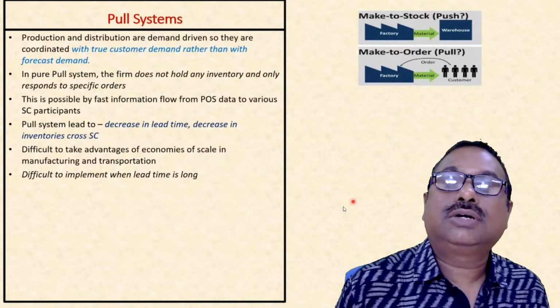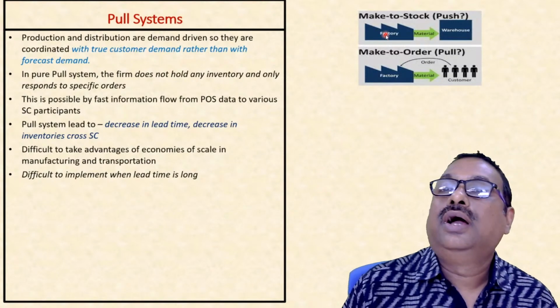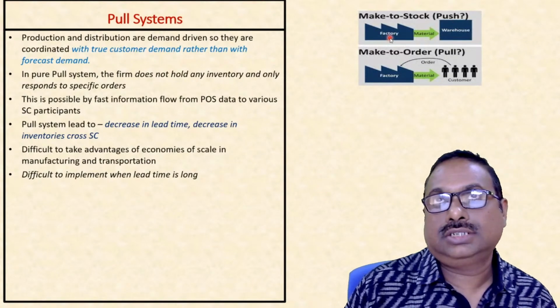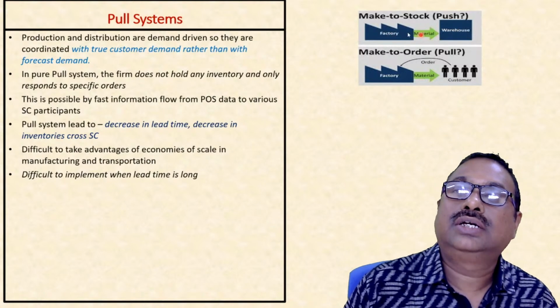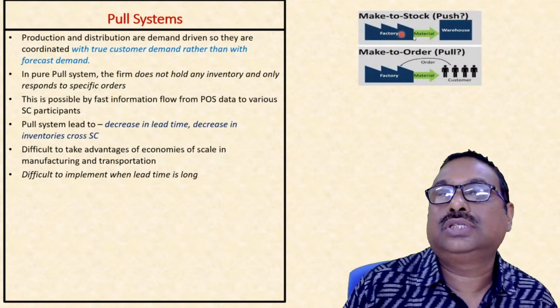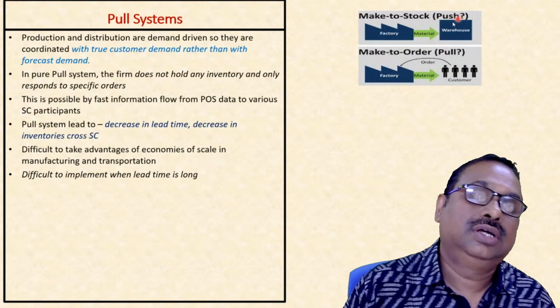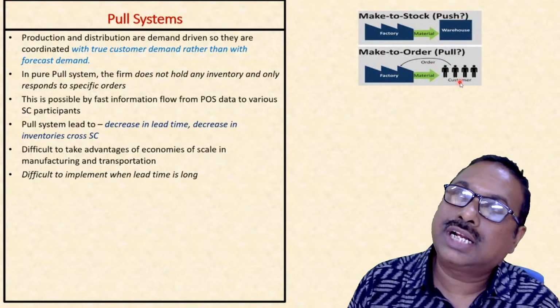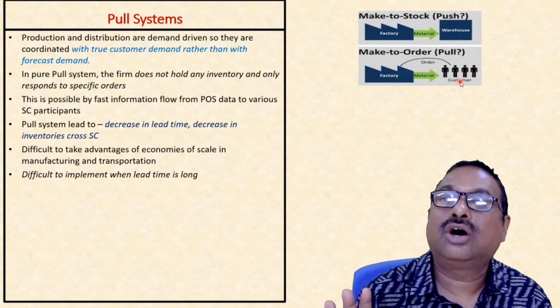Then what is pull system? As we have seen, push system is forecast driven. You forecast from the market, you make in the factory, then you stock it. So this is make to stock, push strategy. What is pull strategy? Pull strategy means you don't manufacture unless there is an order.